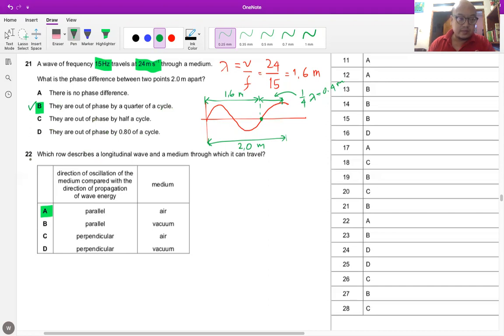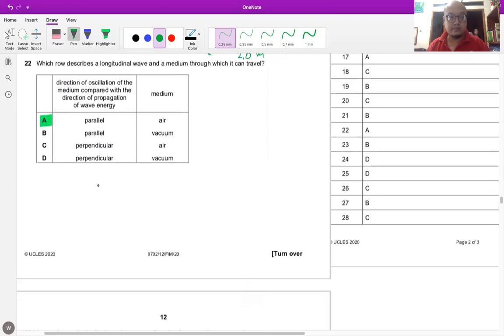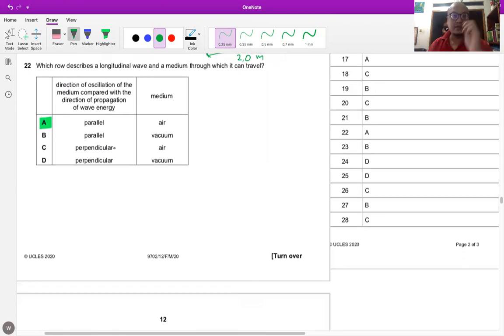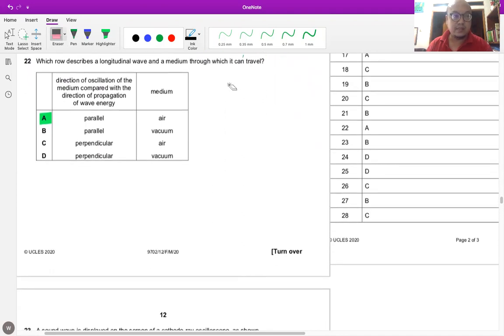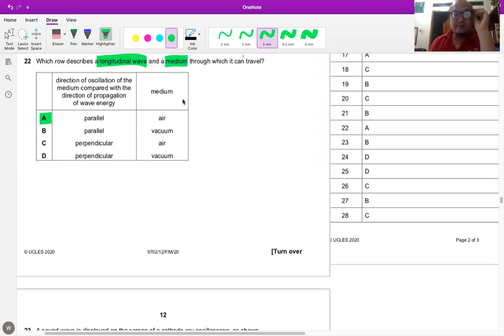Then question 22. The answer of question 22 is A. Let me check. Which row describes a longitudinal wave? In a longitudinal wave the oscillation is parallel, not perpendicular.